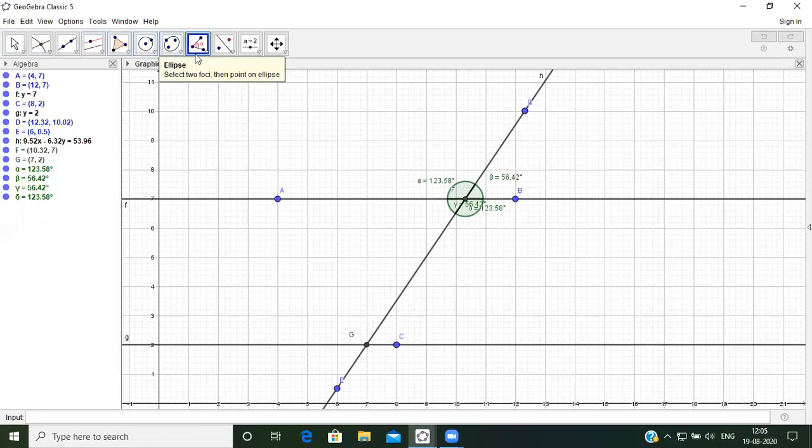So keep the point here. Now take the angle. Here also take the angle.